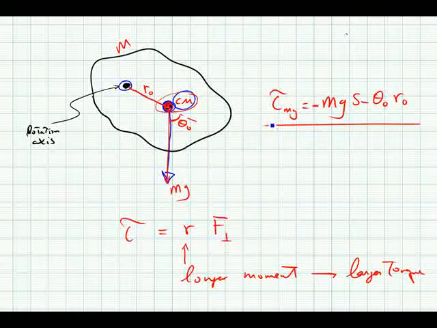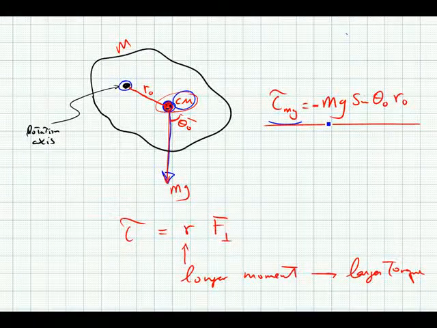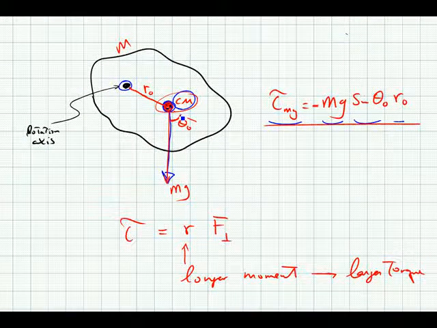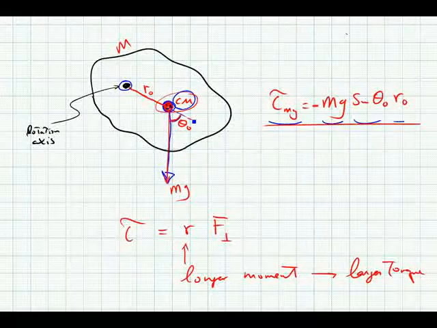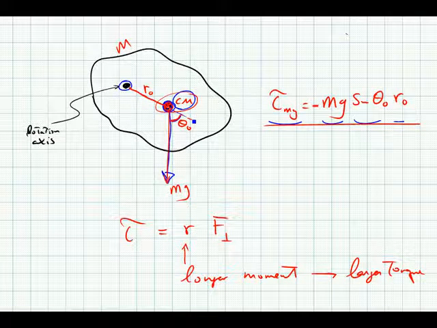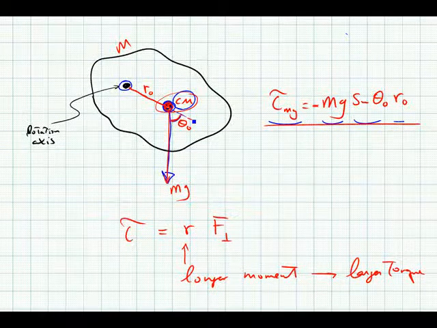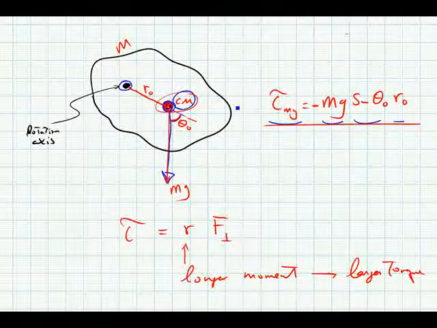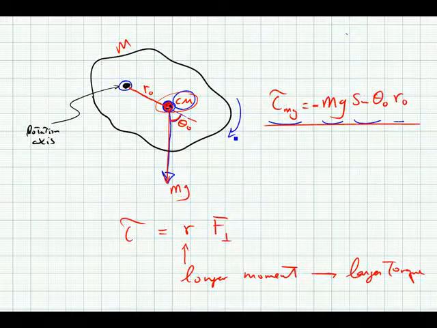for the weight force, is the radial distance from the rotation axis to where the center of gravity is, and the torque due to mg is mg sin theta naught r naught. Now theta naught is the angle that mg makes with the radial line, and in this case, the way it's drawn right now, the torque due to mg is a negative torque because it will cause a clockwise rotation.